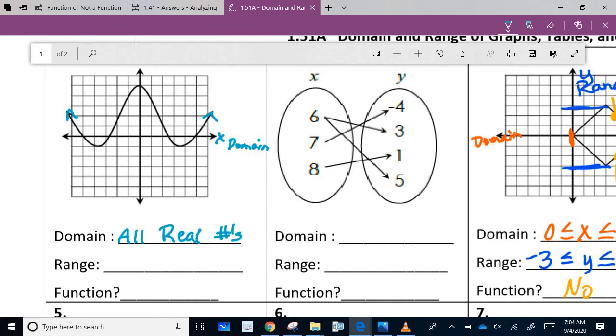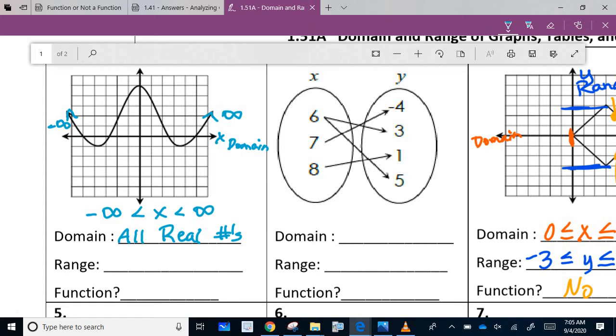Another way to say this is it goes from -infinity, over here is -infinity, less than x, and it comes over here to +infinity. So we're going to put less than +infinity. So this one is your domain. So it goes from a -infinity to a +infinity. Negative infinity is less than x, less than a +infinity, or all real numbers.